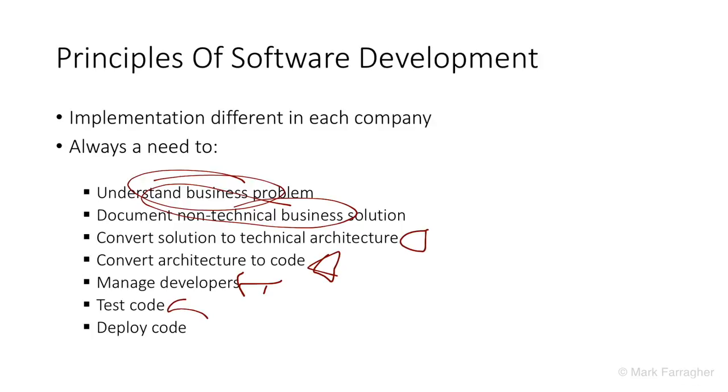And someone will need to deploy the code. Deploy it to test servers or production servers so that the business, the clients basically, can use the software and test if it meets their requirements. So that would be someone responsible for deploying.